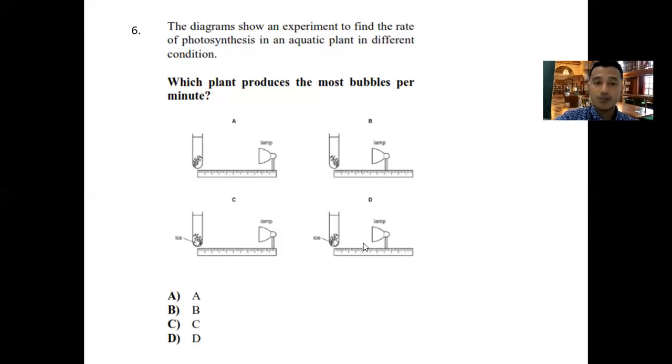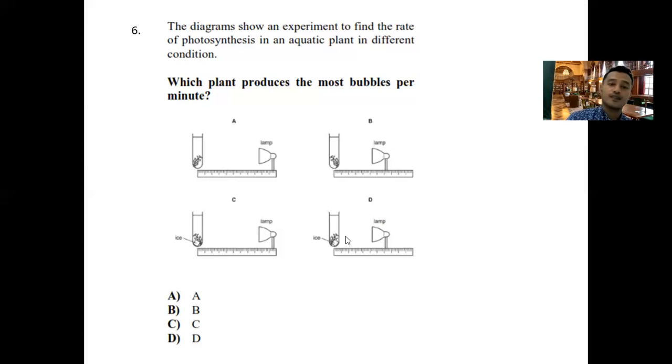The problem here is the ice for D, because if we put the ice, it can prevent or inhibit the reaction. So the production of oxygen and glucose doesn't occur well.